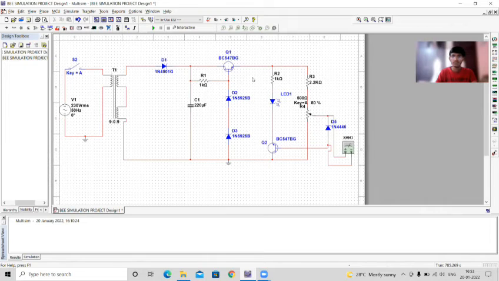Now the other part of the BC547BG transistor is connected directly to another resistor, R2, which has value 1 kilo ohm, and that resistor is directly connected to the red LED.